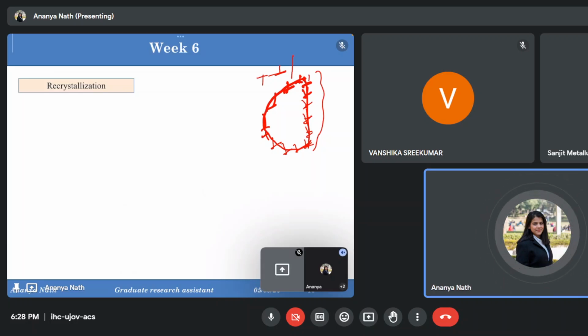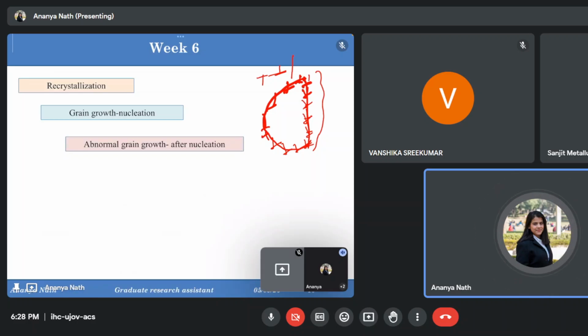So that is polygonization. After polygonization, or in polygonization, the recrystallization is done. During polygonization, there was this grain boundary bulging, I'll be talking about that. Due to that, grain growth and nucleation happen.